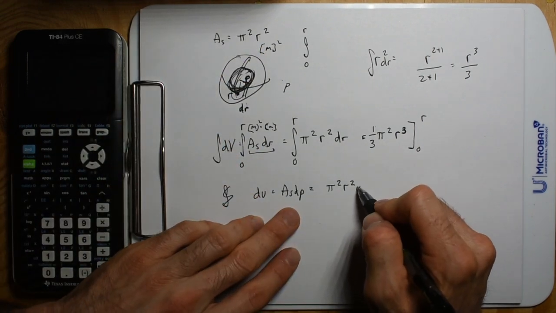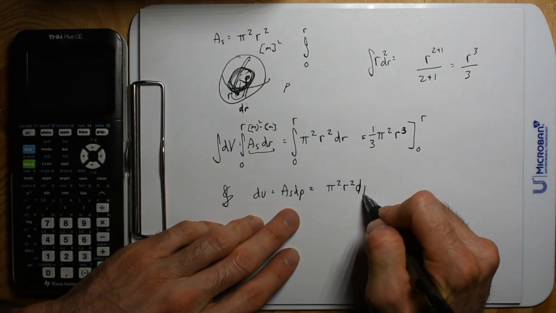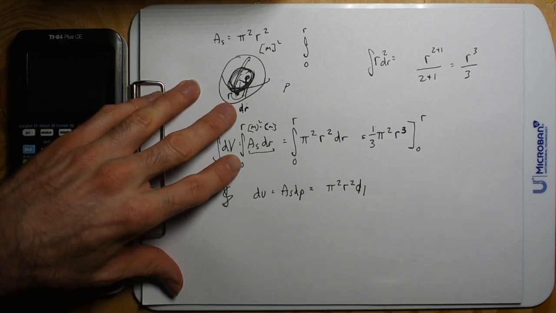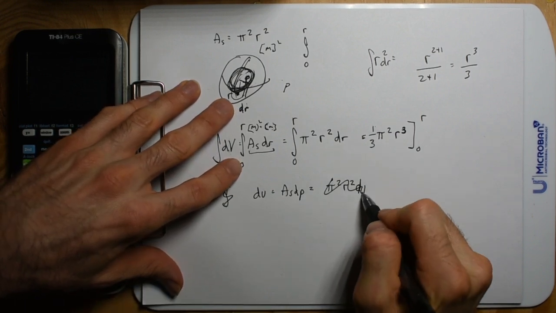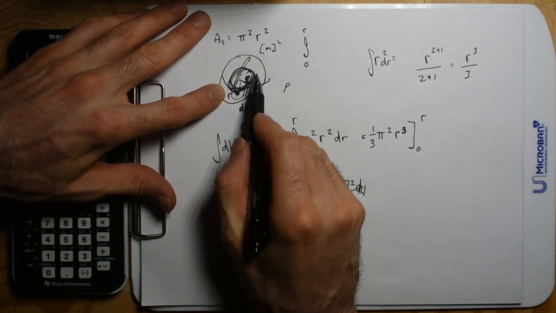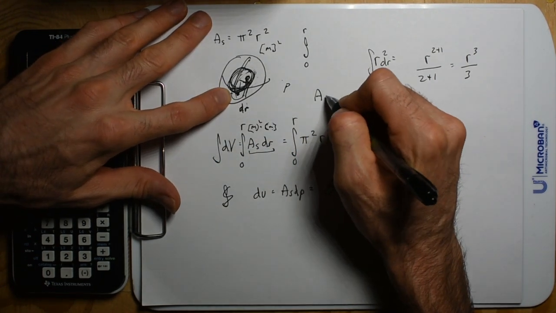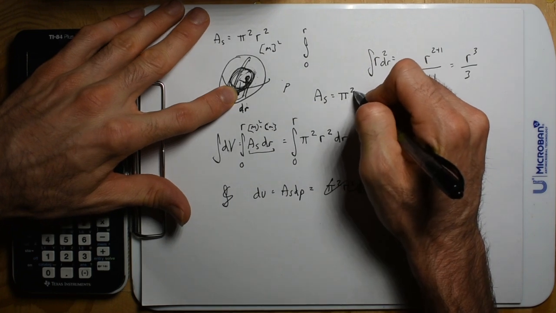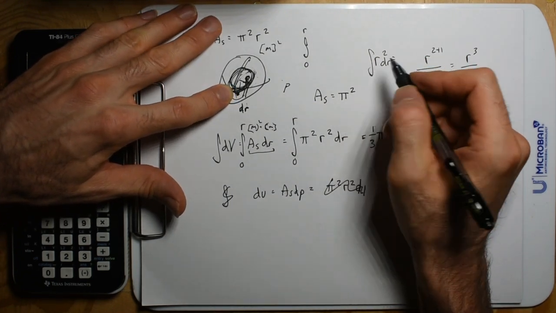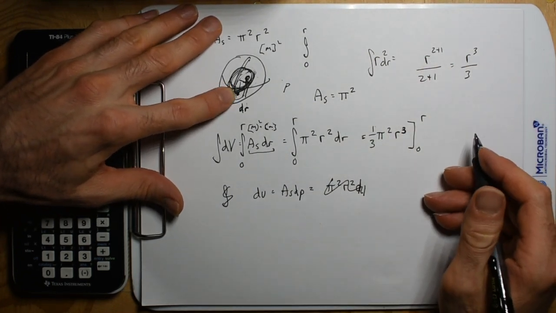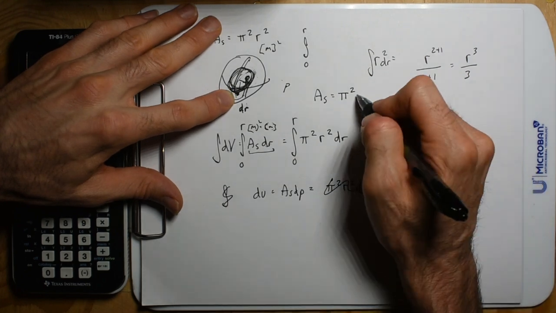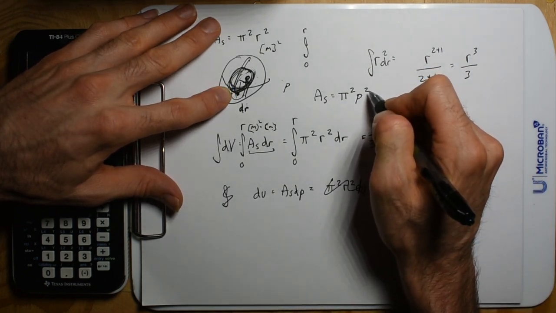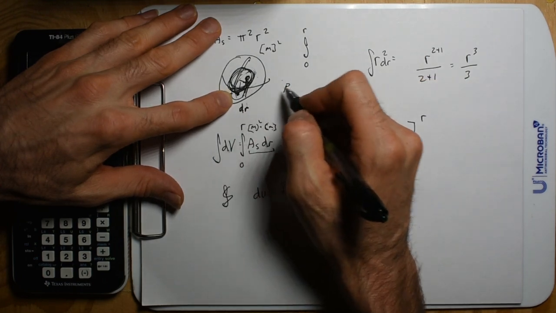Okay, now we're going to do d. Oh, no, yeah, I see. If you do this inner circle, the surface area of that will be pi squared rho squared, and then it'll be d rho.